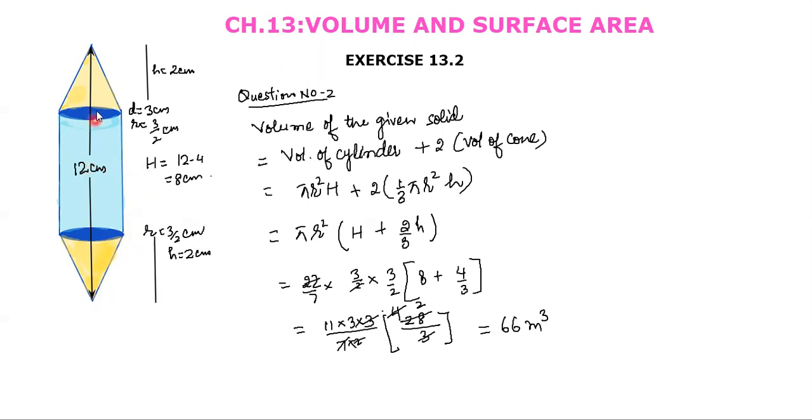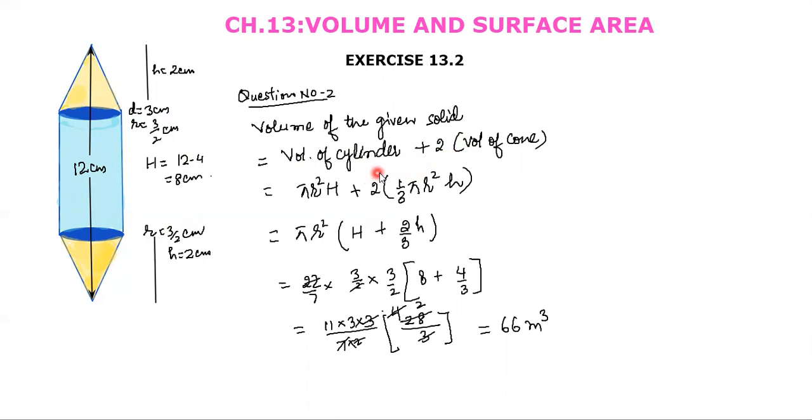If you have attached two cones to this cylinder, that means the volume of the resultant solid is equal to the volume of this cylinder plus the volume of this cone plus the volume of this cone. Since these two cones are identical, their radius is the same and their height is the same, so the volume of this complete solid is equal to the volume of the cylinder plus the volume of the cone multiplied by 2, as we have two cones attached here.